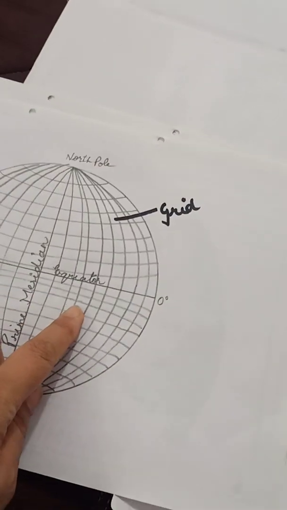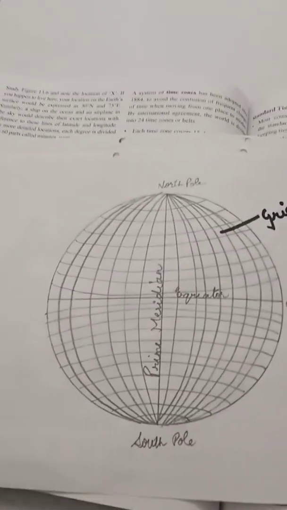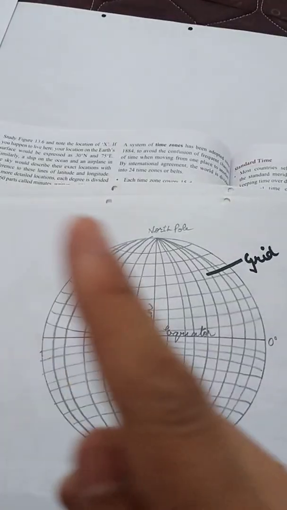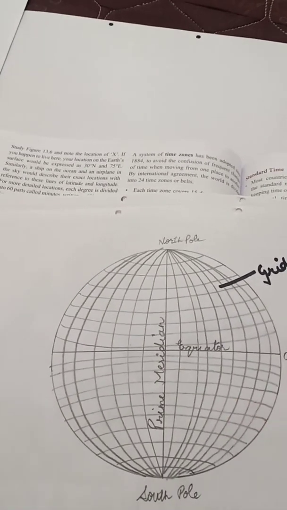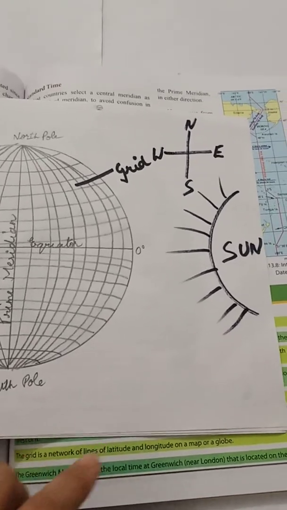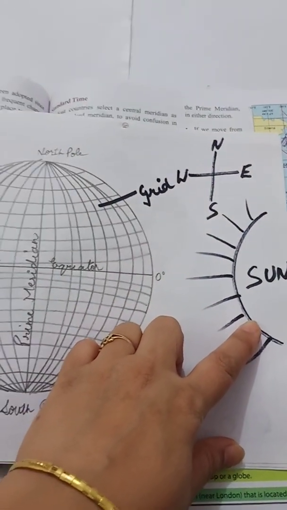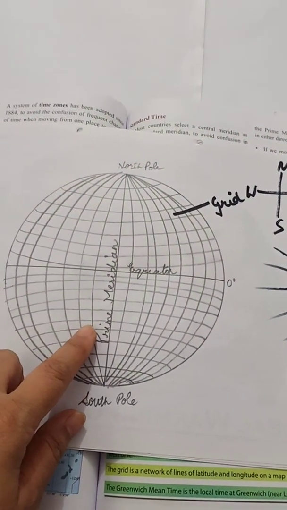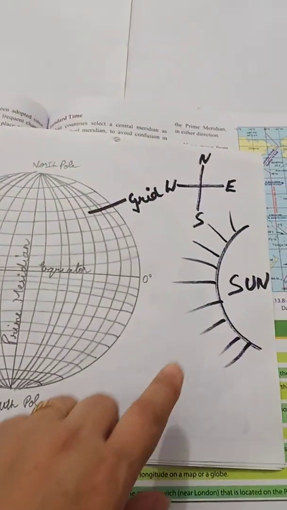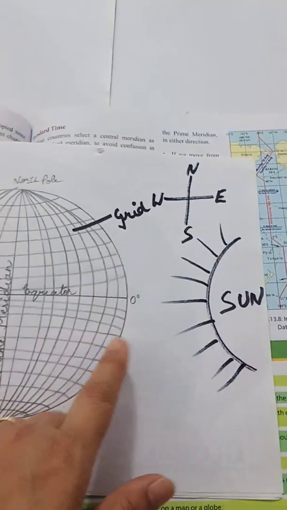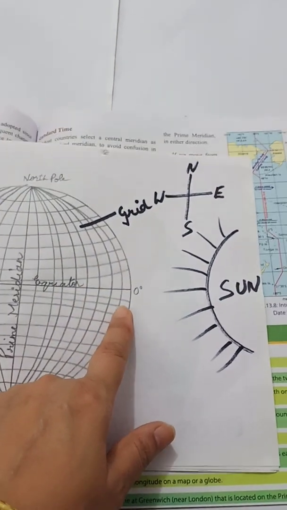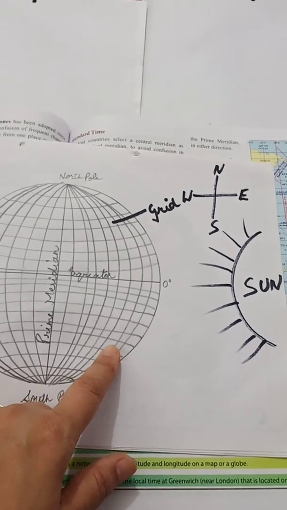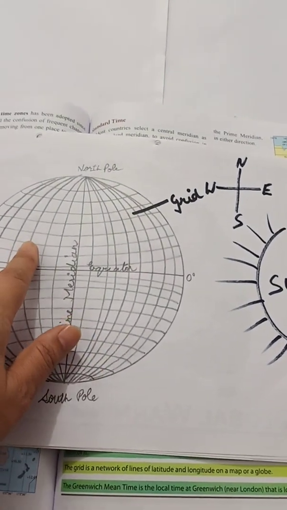In the same way, we all know the globe is moving in an anti-clockwise direction. Let's see this with a simple diagram. This is the sun. The sun is stationary, not moving. We know that the earth is moving, and the sun rises in the east. So first this part will have sunrise and this part will have night.